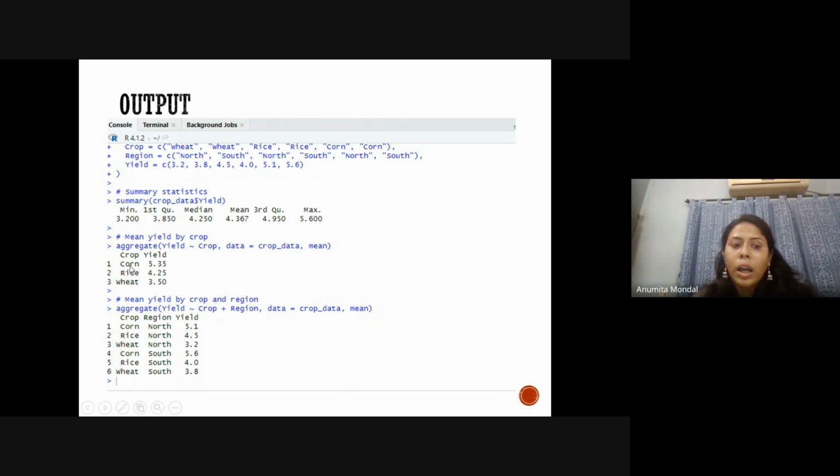Like for corn the yield is 5.35, rice is 4.25, and wheat is 3.50. And last, when I plot aggregate yield versus crop plus region, it gives the position where the data is plotted. From this we can say the maximum value is 5.6. So corn in the south has given the maximum yield.